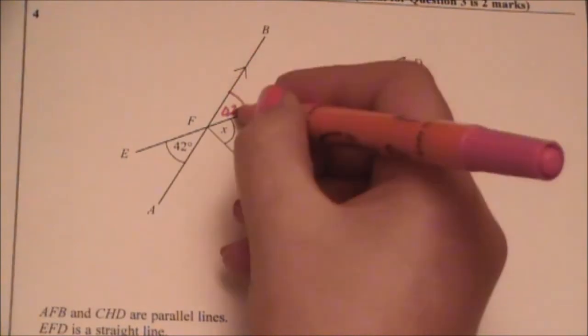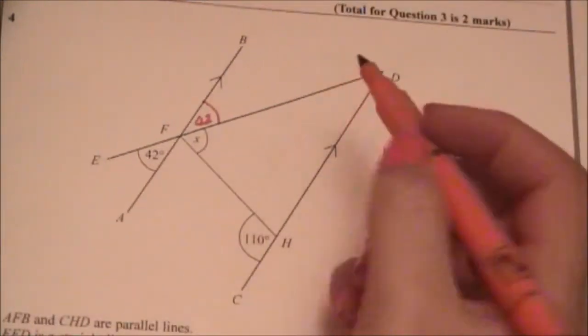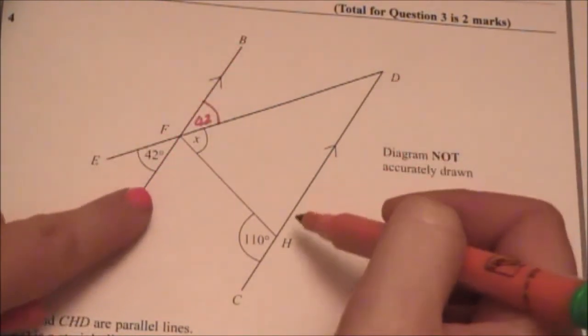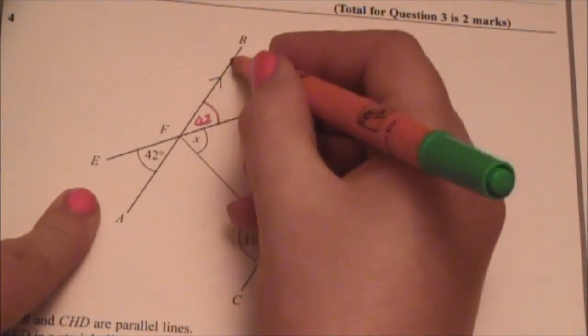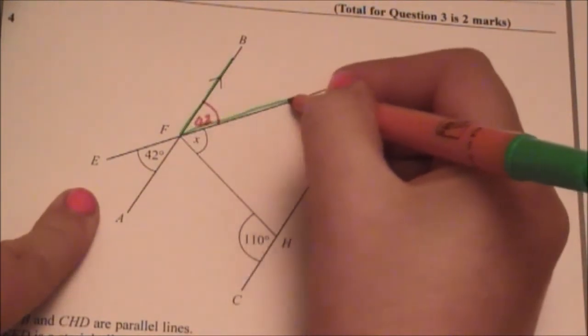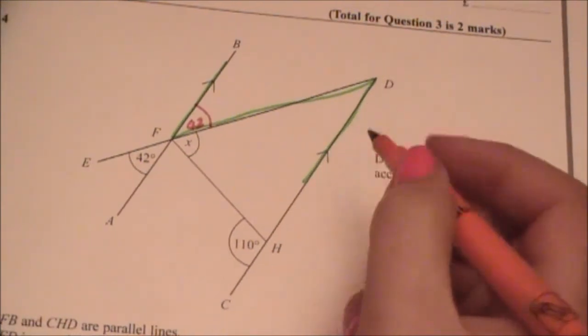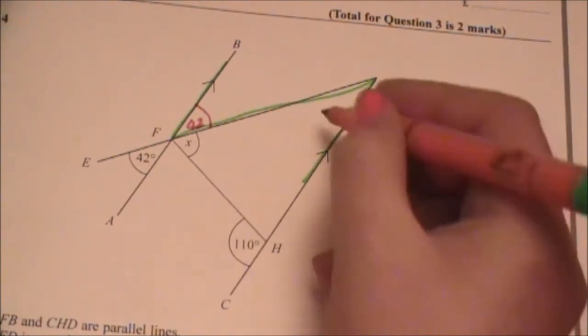So I know that that is 42 degrees. Now, from practicing these questions, I can spot straight away that there's my parallel lines and that is a line going through them. And I know that if I do this, I can get my, what we used to call Z-shaped angle, but it's actually called an alternate angle.